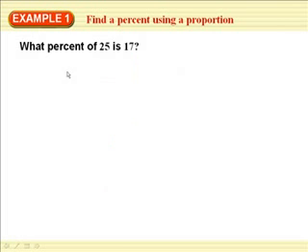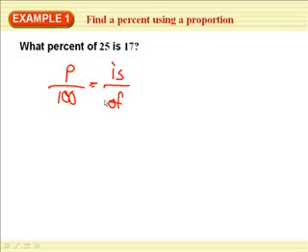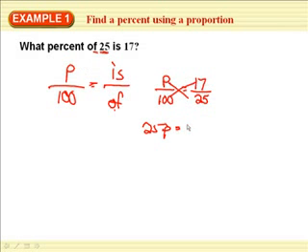So what percent, and let's start off with our percent equation. I'm going to put this as the is number and this as the of number. So the percent of 25, that's our of number, goes right there, is 17. That means you got a 17 out of 25 on something. Here we do our cross products. 25p equals 1700. Divide by 25.